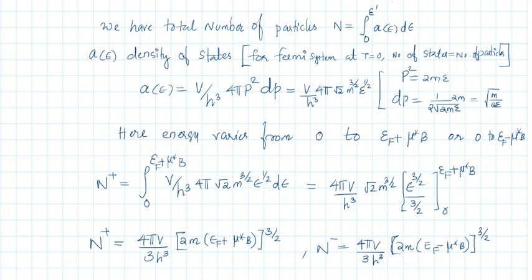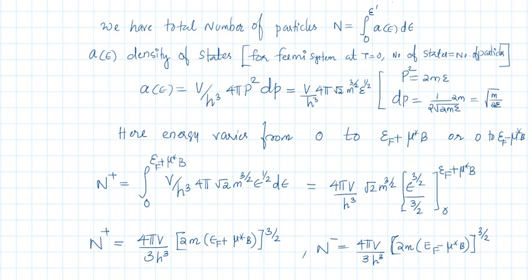For the first group of particles, the kinetic energy varies from 0 to EF plus mu star B, so the integration should run from 0 to EF plus mu star B. If you integrate E raised to half dE, the integral will be E raised to 3 by 2 by 3 by 2.